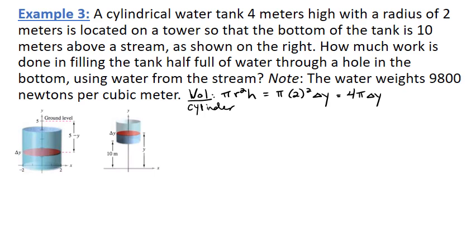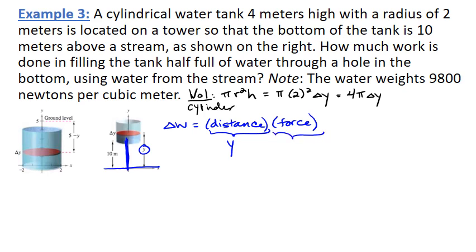So we should know from our reading that the change in the work is going to be equal to the distance times the force. The distance that we're dealing with is from the stream, which is down here, to some level in the tank, and we're going to refer to that as y. So y is the distance the water moves.